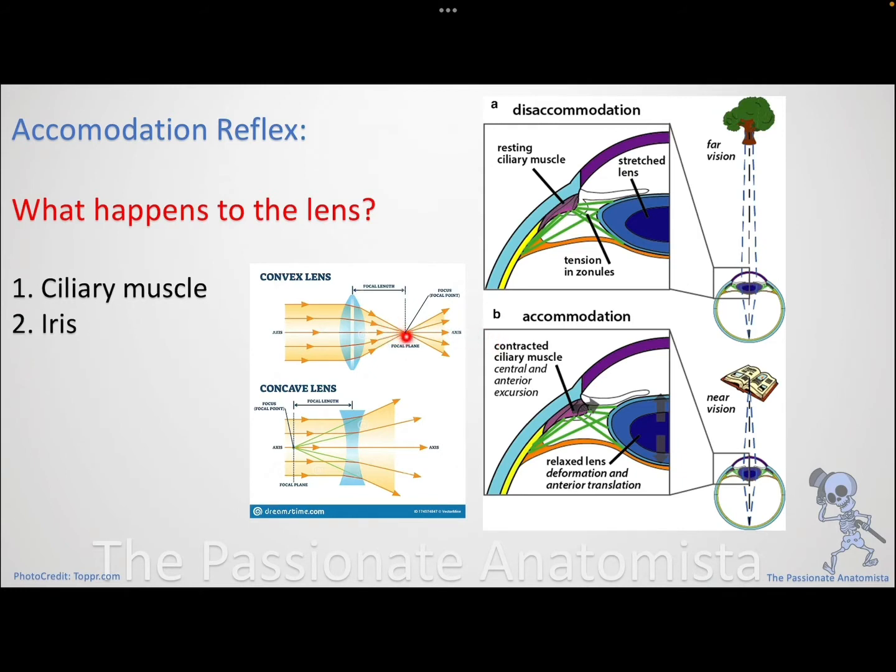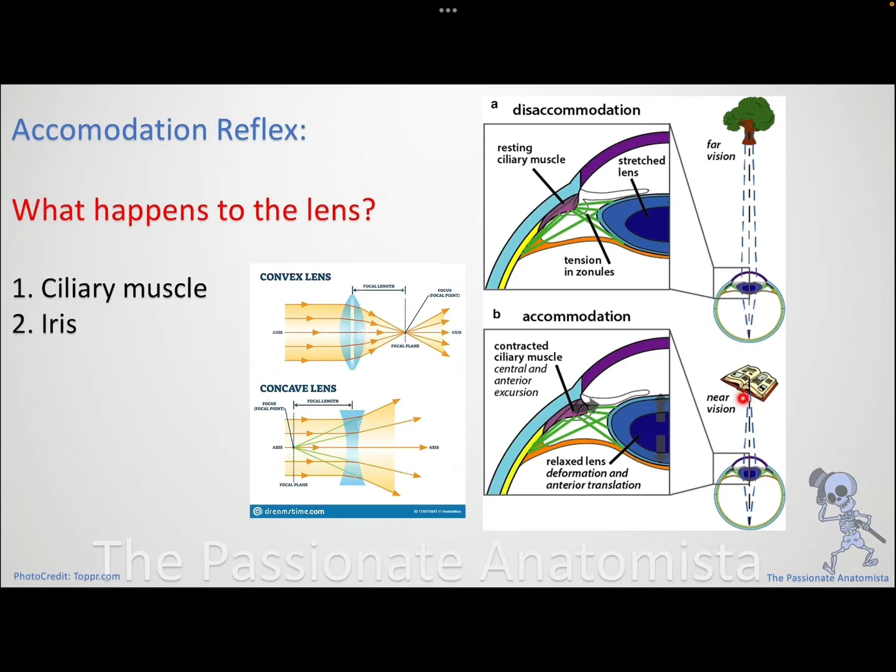So I want to bring them to a focal point and I want them to fall on the retina itself. Normally, if I look at something far away, as the rays reach my lens, they are coming parallel to each other. They are already parallel, so it's very easy for them to fall on the retina.